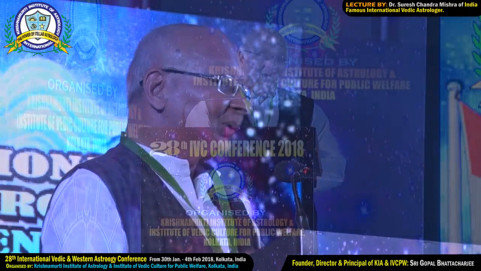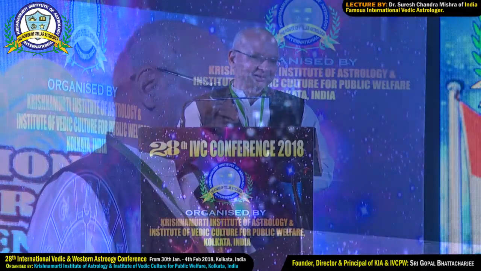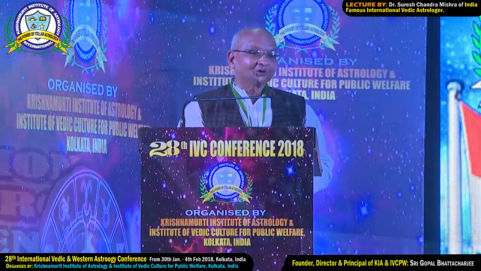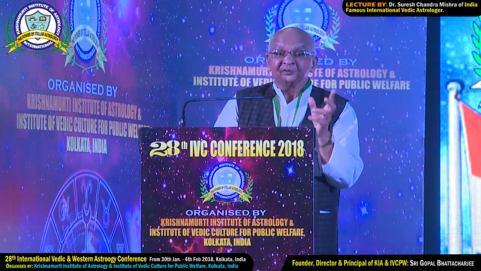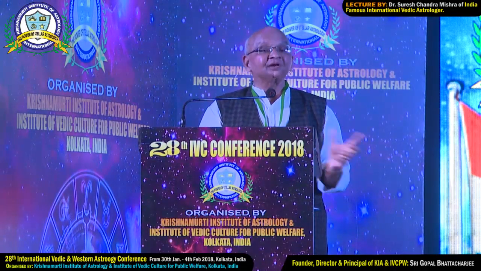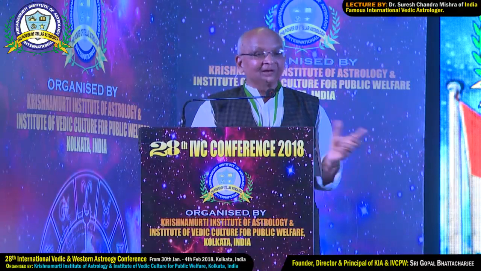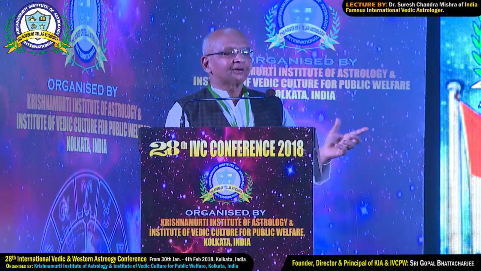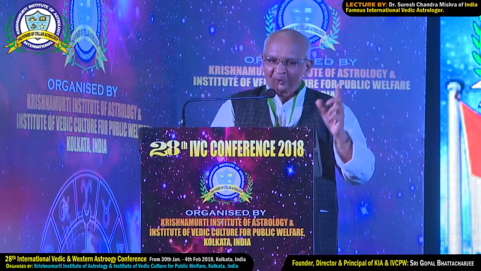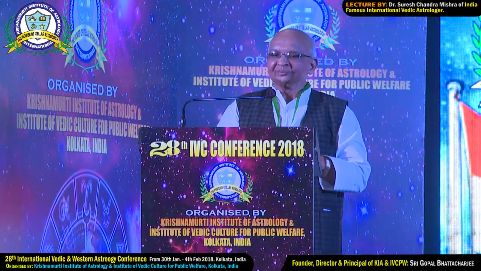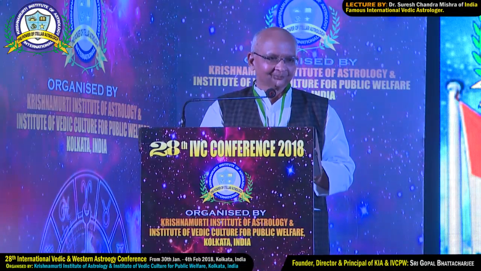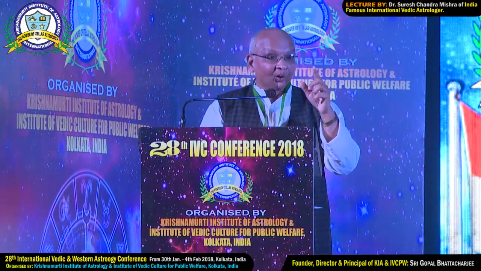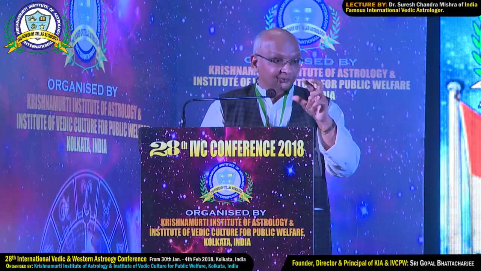Similarly, Donald Trump also has one planet under OOB. And Delhi Chief Minister Mr. Arvind Kejriwal, our Prime Minister Mr. Narendra Modi, and our former Prime Minister Mrs. Indira Gandhi were also having one or two planets under OOB.